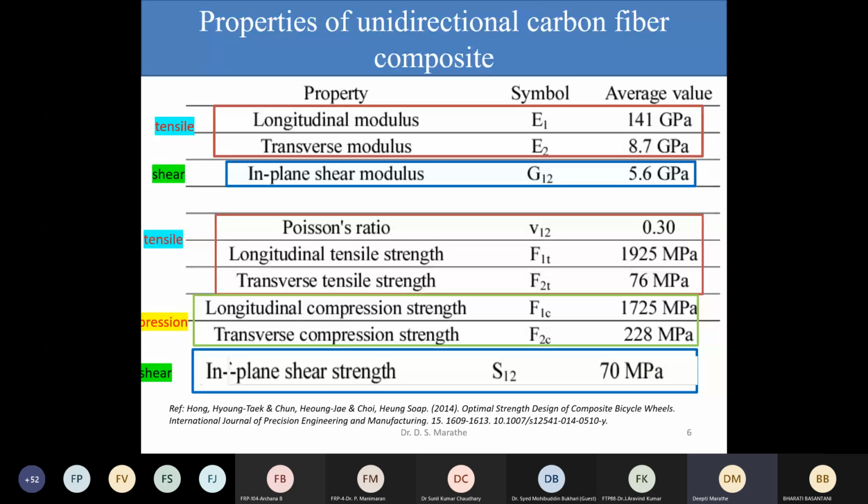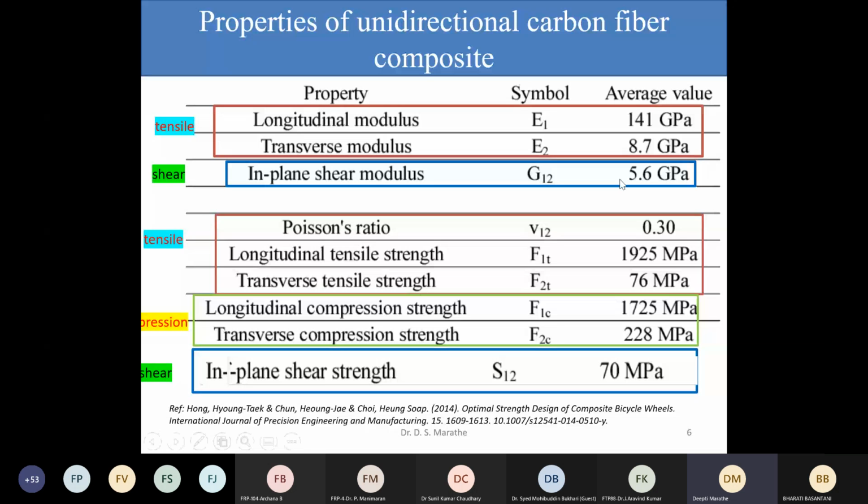This is an example of properties of a unidirectional carbon fiber composite. Why have I specifically included this? Because you can see that if I try to get the moduli, there's a great difference between E1 and E2. By now you are aware why. E1 is the modulus in the direction of the fiber, E2 is the modulus in the transverse direction.